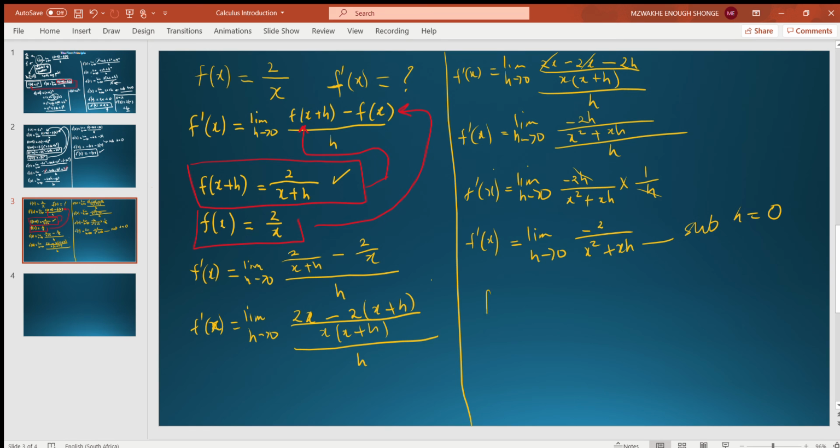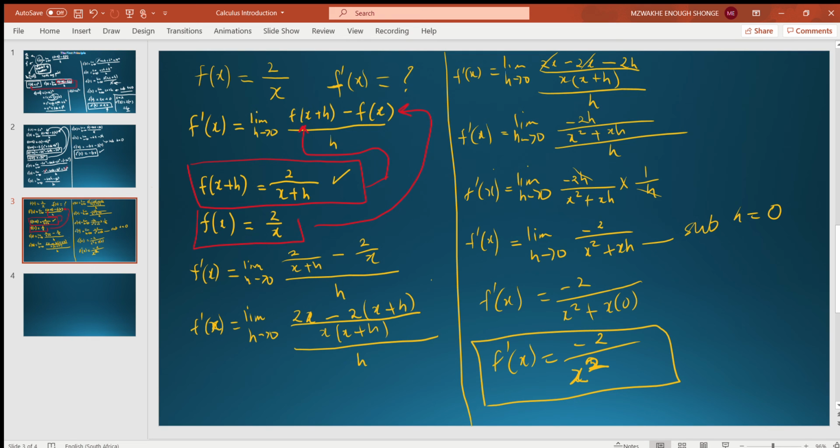You will say f prime of x equals, now you remove the limit, minus 2 over x squared plus x into 0, which is h. So f prime of x will be minus 2 over x squared. This is your final answer.